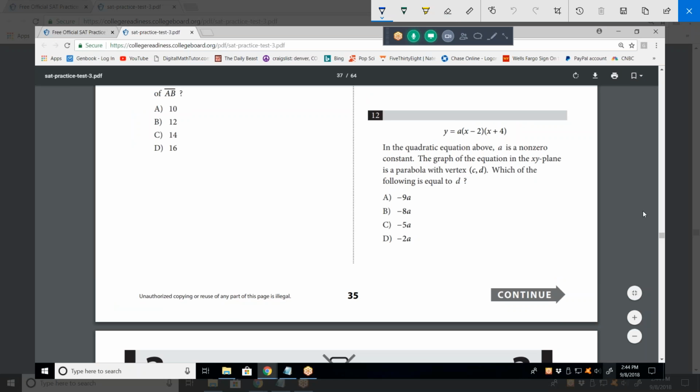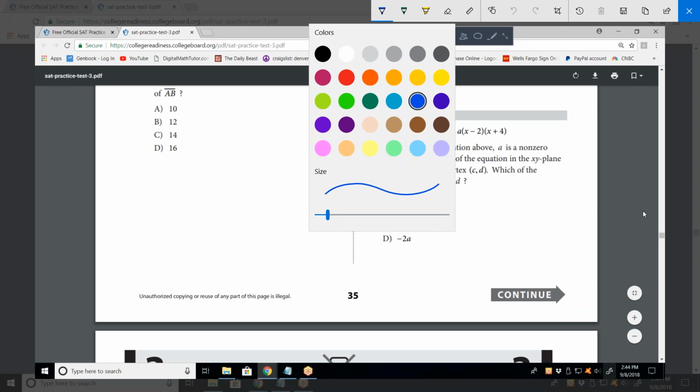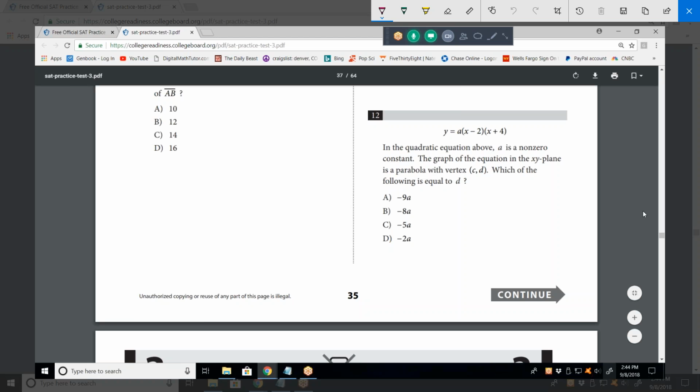What are really the 2 pieces of information they've given us that tell us where that thing has got to go through? We know where the x-intercepts are. Okay, where are they? 2 and negative 4. There's one of them at 2. Here's another one at negative 4.